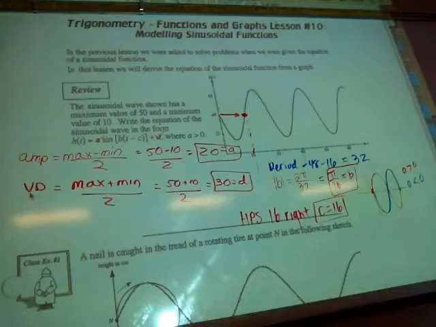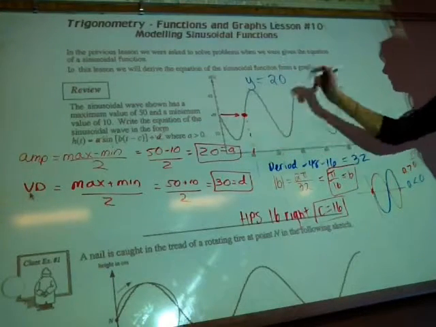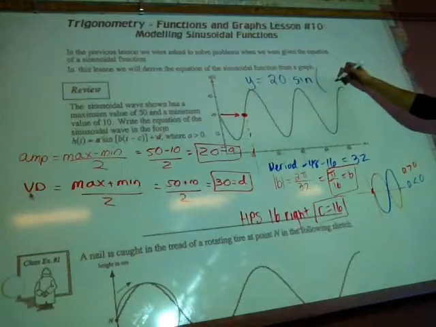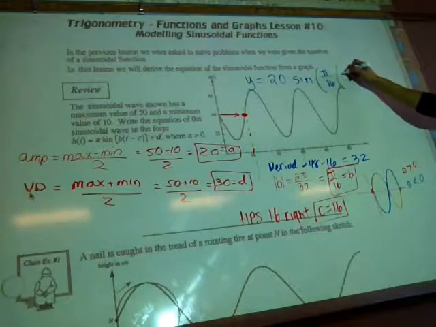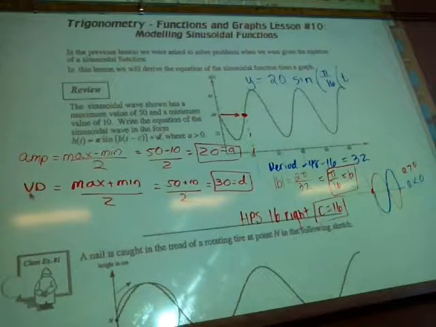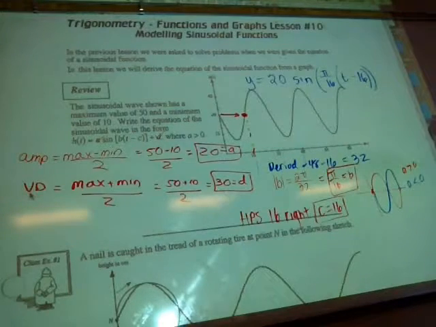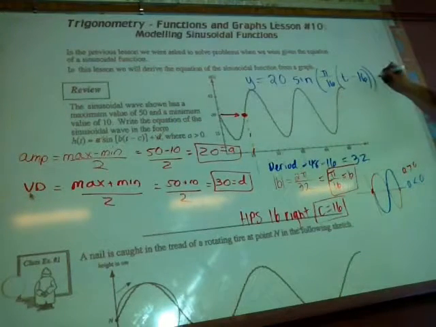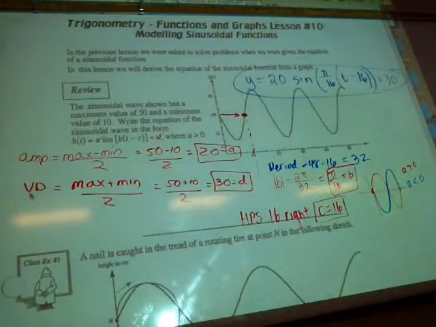So we have our A, our B, our C, and our D. So the equation will be y equals 20, because that's our amp, times sine, times our B value, which is pi over 16, times t minus our horizontal phase shift, which was 16. Close the brackets, and we've got to add our vertical displacement, which is 30. So that's just a little bit of review.